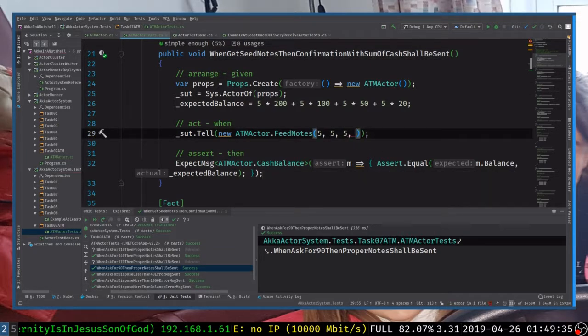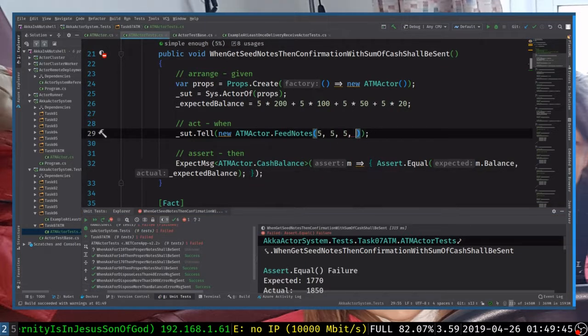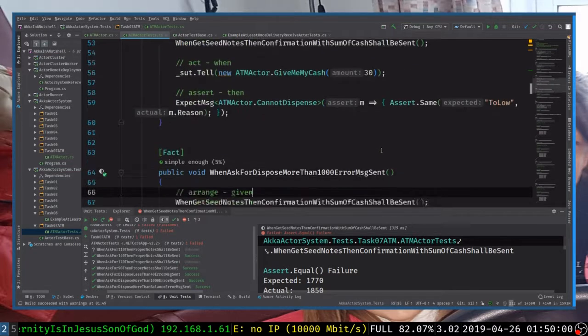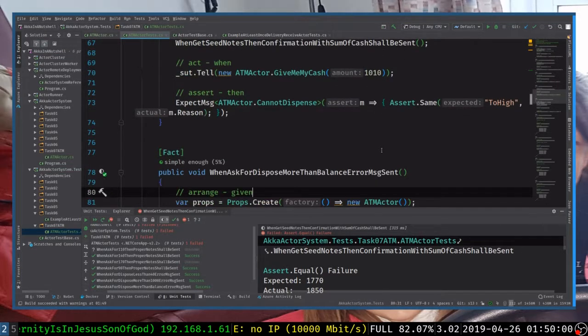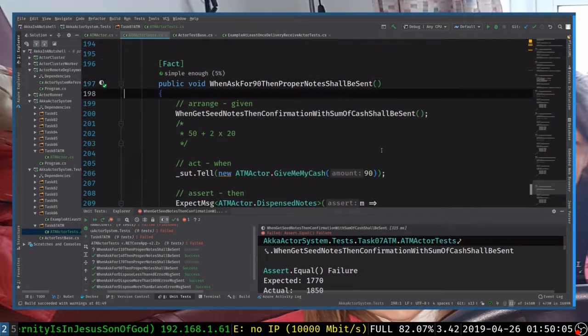Okay, so I know that will be off by 20, but we will get everything. No, no. This is what we have: 1850. We have 1850 in the very beginning. Right?